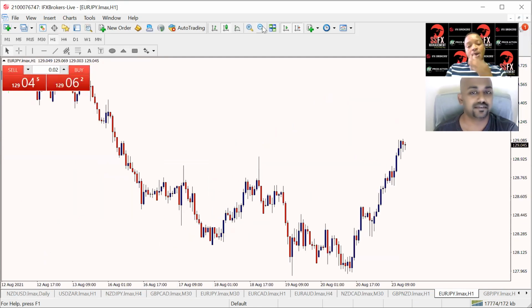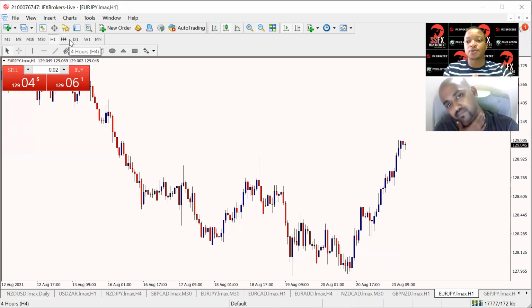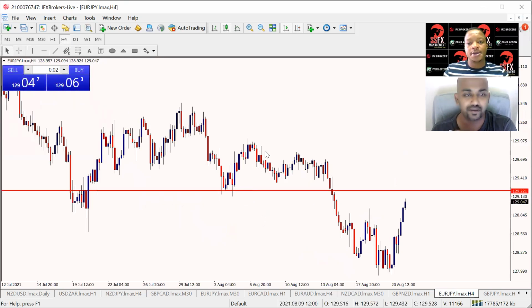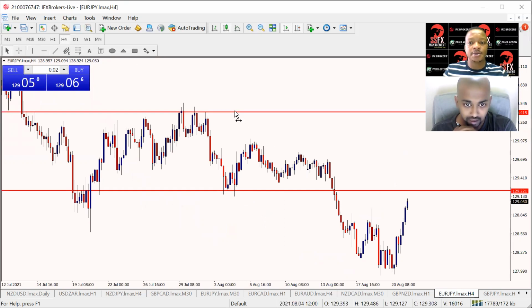Okay, let's go back to support and resistance. For you to get strong support and resistance, you have to focus on higher time frames. Let's say for an example, let's drop these lines there, and another one there.